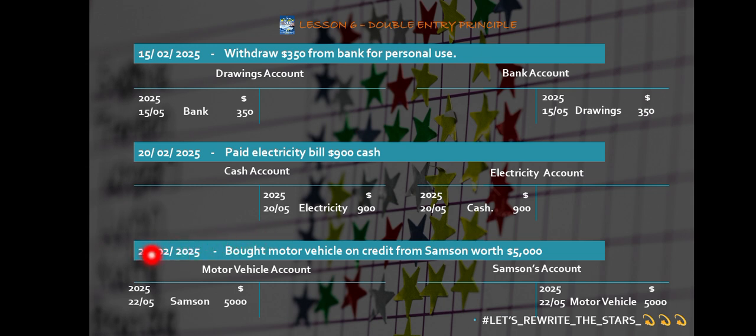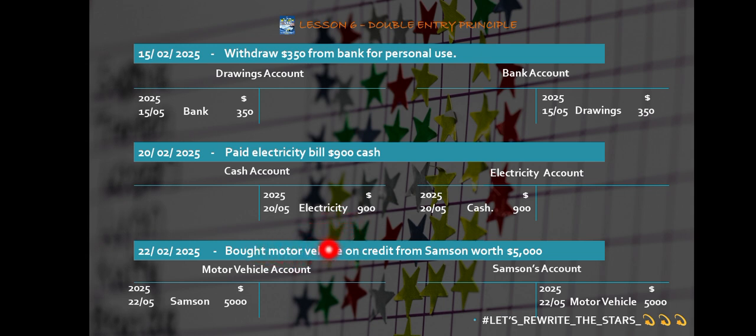Now on the 22nd of February 2025, we bought motor vehicle on credit from Samsung. So you see here we've indicated what we went to buy. So because we've indicated what we went to buy, we would create the account of what we went to buy.